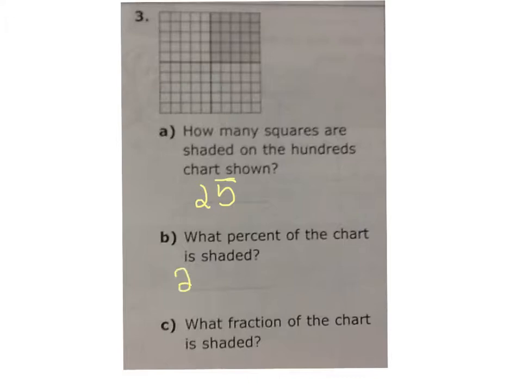You say 25%. 1/4% would be a very small percent. So you will leave it just as 25%. The fraction of the chart would be represented by 25 out of 100. And its reduced form would be exactly 1/4.